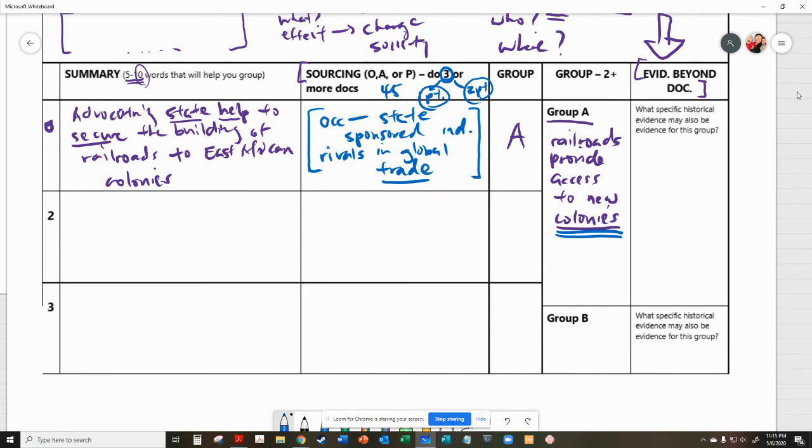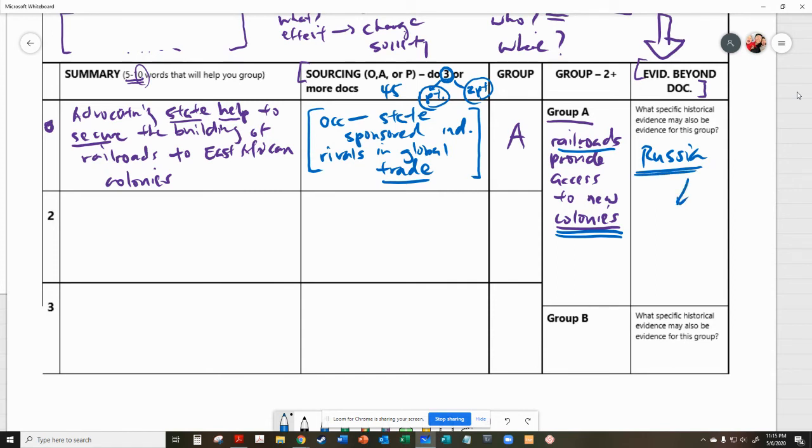So a good example of this would be if we talk about large railroads, think about one from our previous DBQ. One way to do evidence beyond the documents is to try to find real historical examples elsewhere. A good one for us, perhaps, as evidence beyond the document, is to take a look at Russia and Russia's expansion.